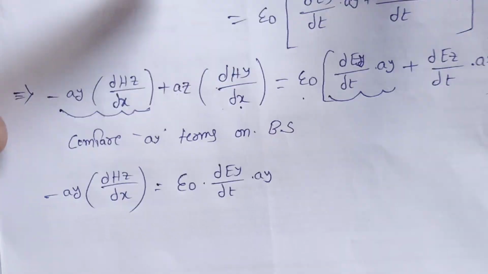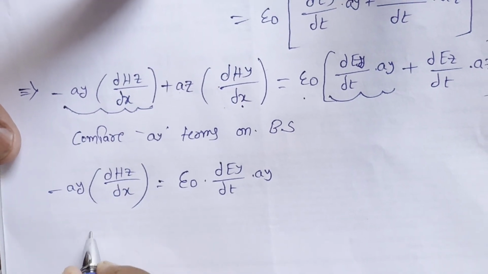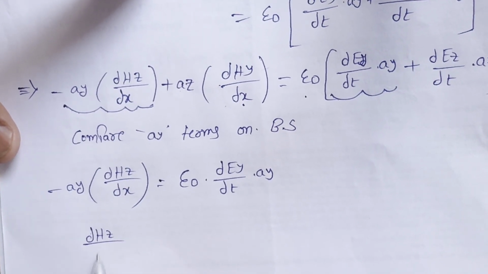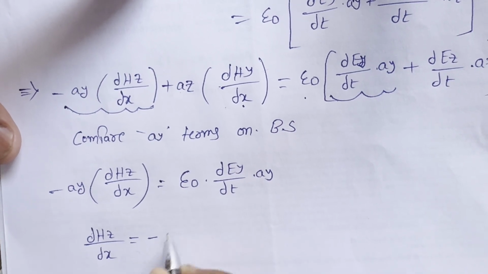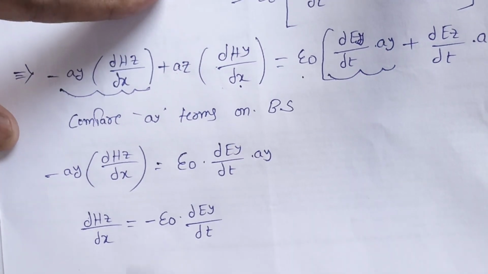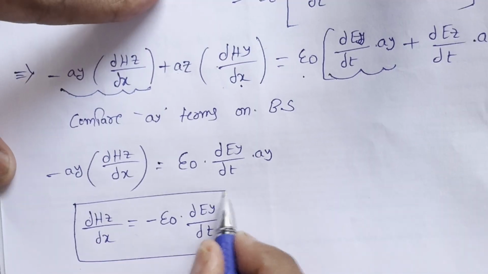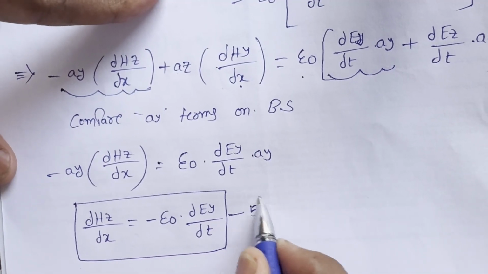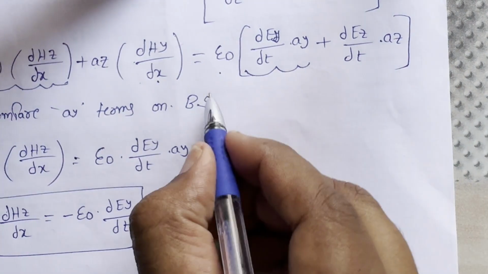By cancelling Ay, I get dou Hz by dou x equal to minus epsilon naught into dou Ey by dou t. Now I am calling it equation number 5, as four equations are over.